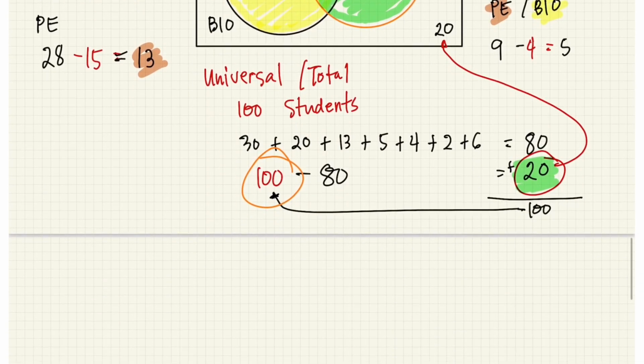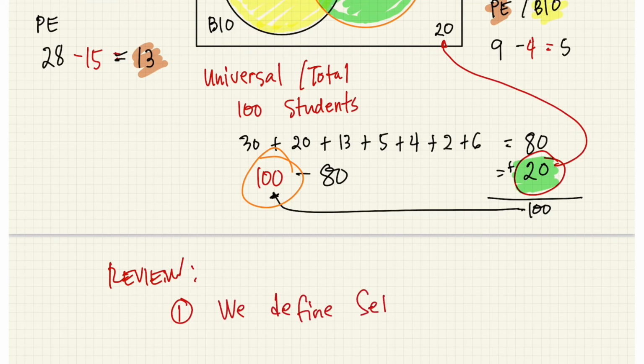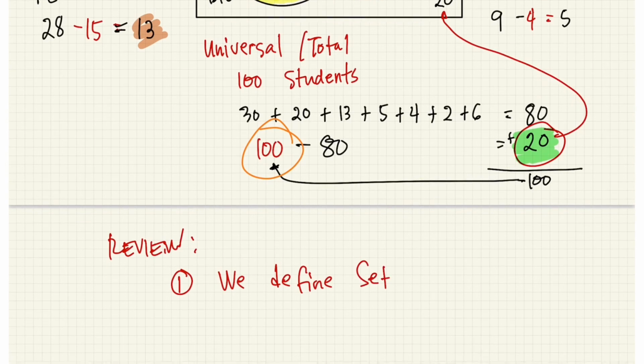Okay, so let's have a short review of what we have today. First, we define set. Second, we identify the kinds of set.